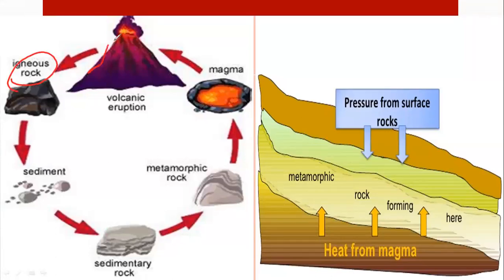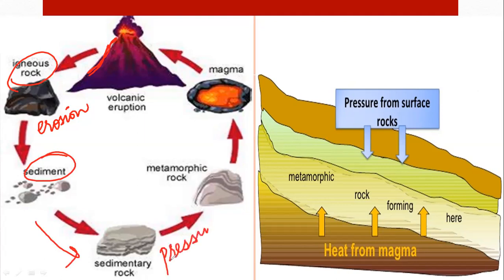The lava cools down, it solidifies and leads to formation of igneous rocks. Igneous rocks undergo erosion. It forms sediments and leads to formation of sedimentary rocks. Sedimentary rocks undergo pressure and heat, and it leads to formation of metamorphic rocks.